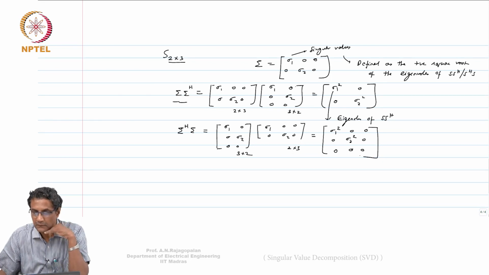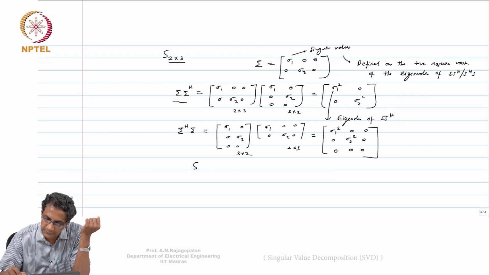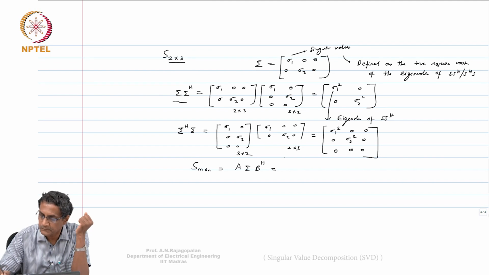Now I am going to leave it as an exercise for you to show that the SVD that I wrote as A sigma B Hermitian can be equivalently written as follows.